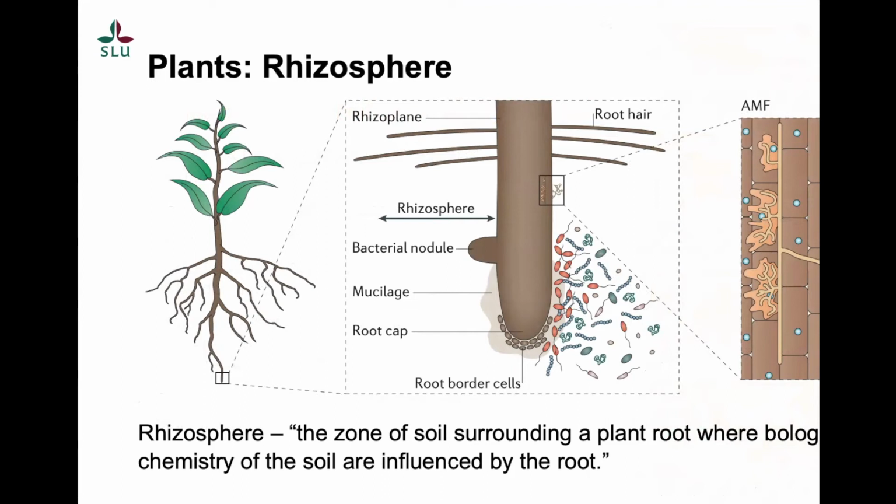The rhizosphere can be defined essentially as the zone of soil that surrounds a plant root, where it's largely influenced by the actual plant itself, by the root. There are so many different definitions, I didn't want to give a specific one.